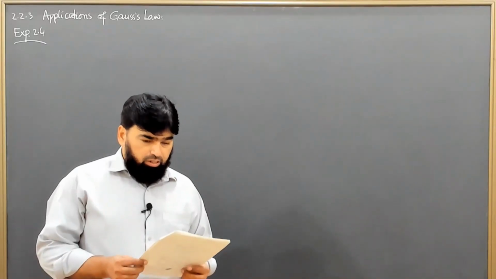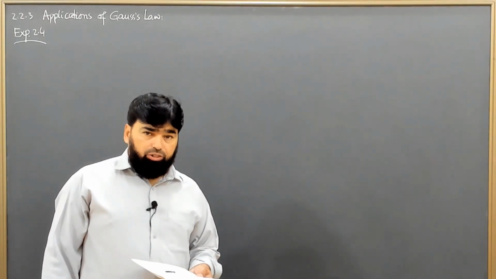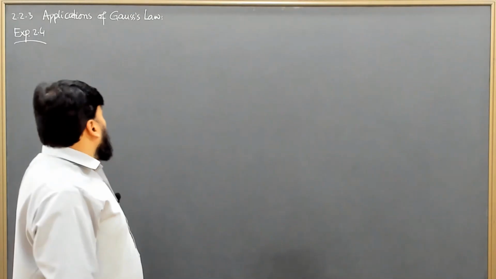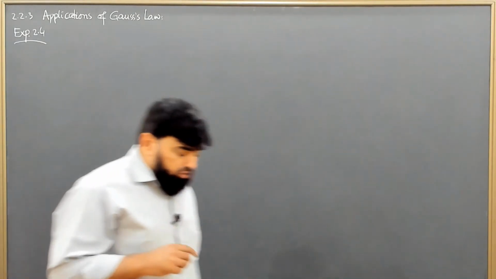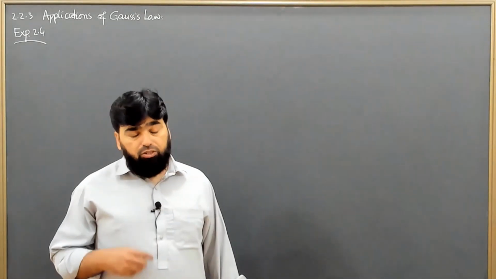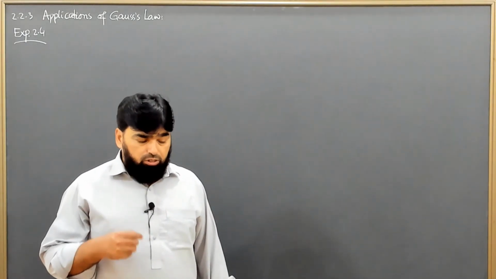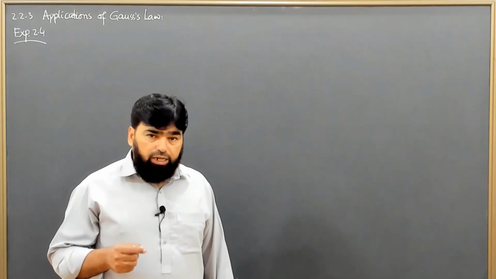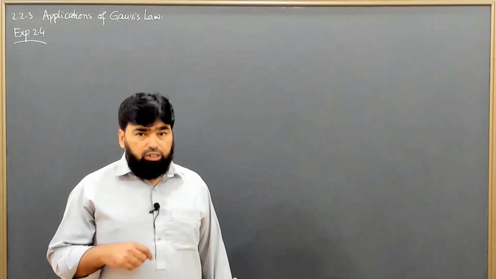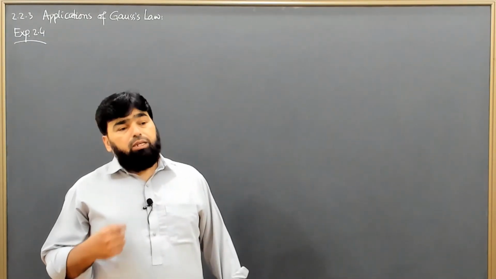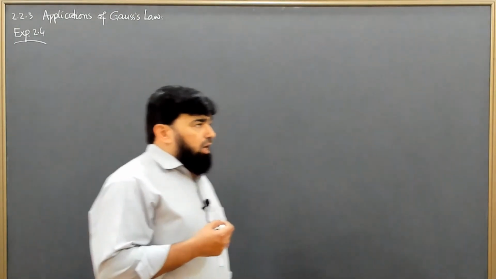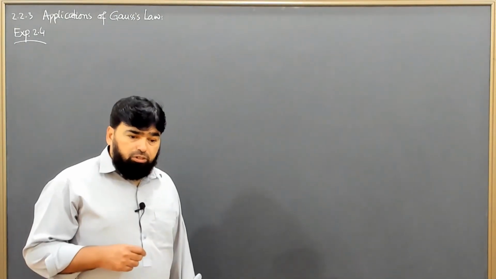Now we will solve the last geometry, because we have already solved the line geometry in the cylindrical case, the spherical geometry. We have found the electric field inside and outside of a spherical shell, then inside and outside of a solid sphere.